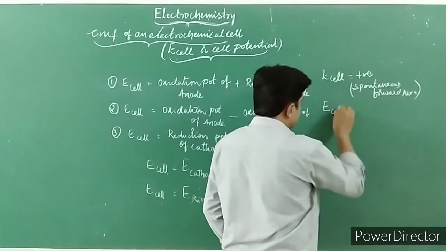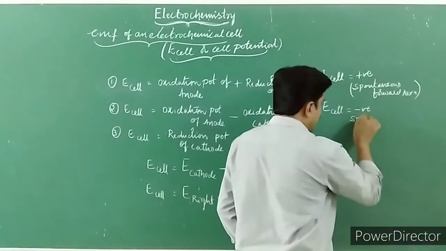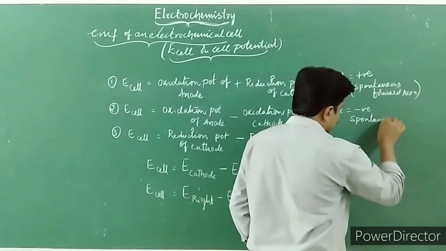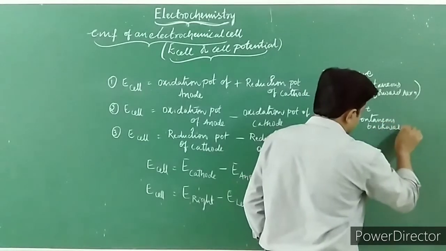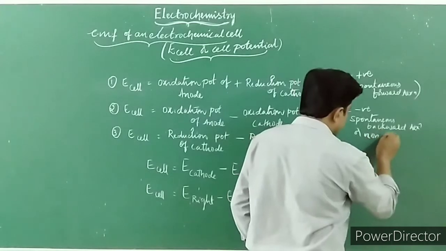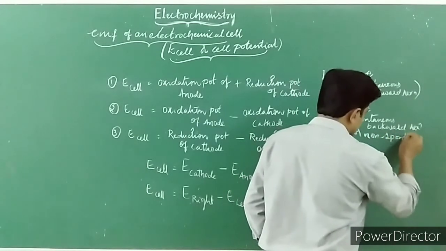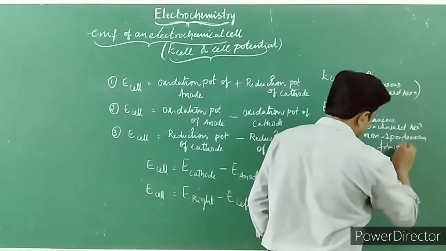Suppose E cell is negative, children, it is a spontaneous backward reaction, or you can say non-spontaneous forward reaction.